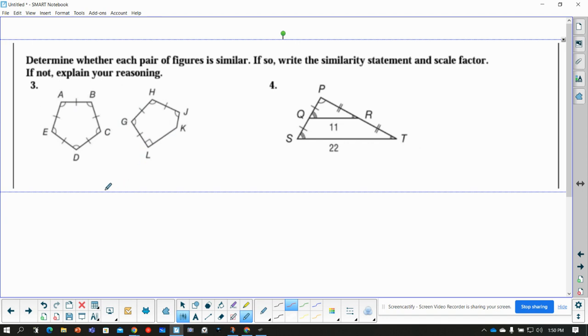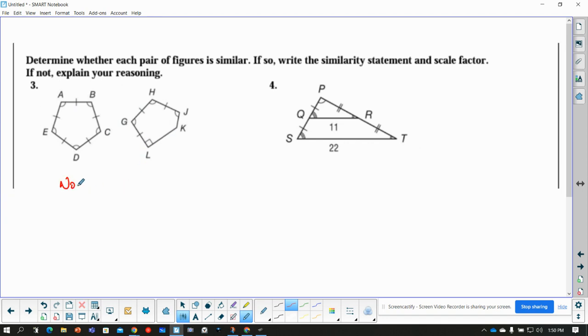These are not going to be similar. No. And a reason, it says explain your reasoning. Angles are not, just use a symbol, congruent. Okay, so, are they similar? No. A reason: angles are not congruent.